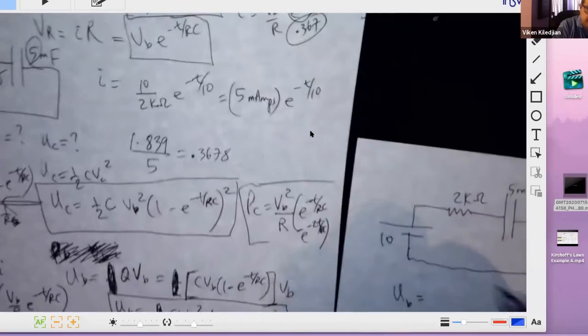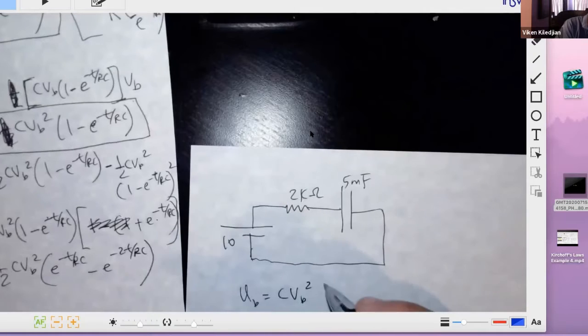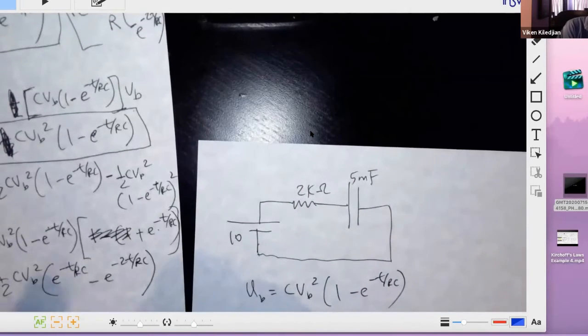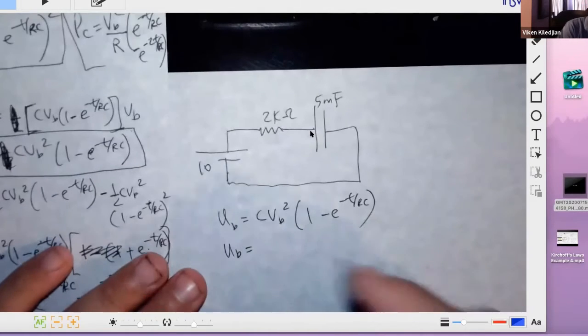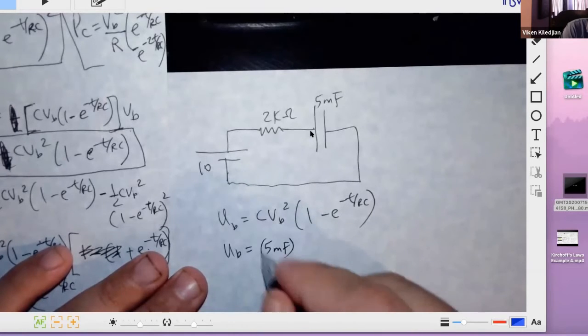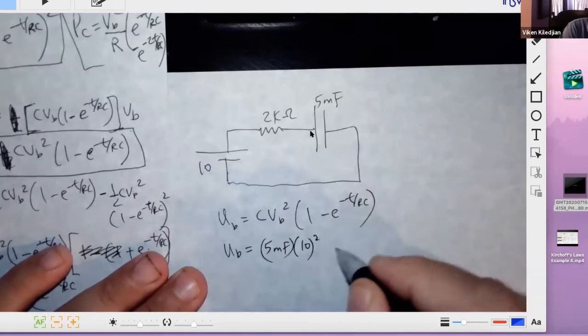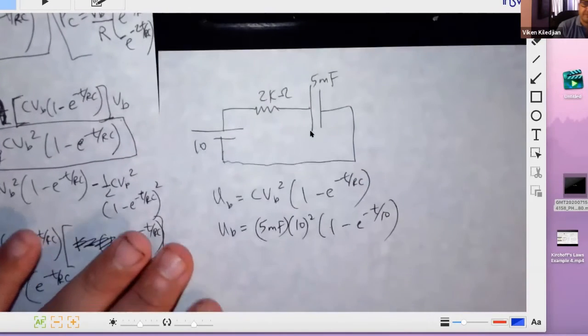It's CVB squared times 1 minus e to the minus t over RC. So then energy of the battery would be 5 millifarads, voltage of the battery squared, 1 minus e to the minus t over, and then this would be 10 again.